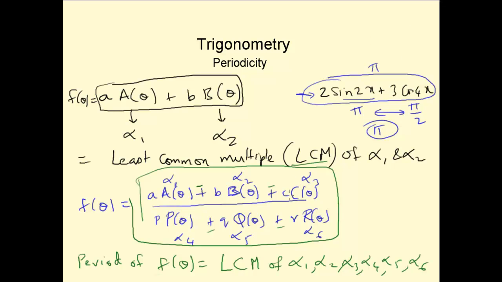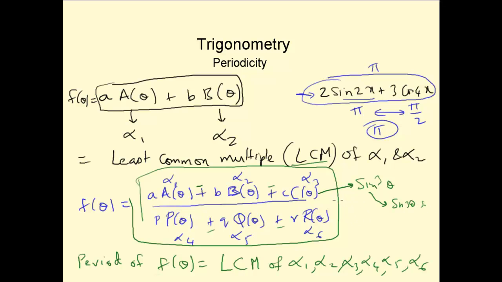And say if one of these functions is a square function or a cube function, like sine cube theta or cos cube theta, then you need to convert these cubes into single power, maybe like sine 3 theta and sine theta.